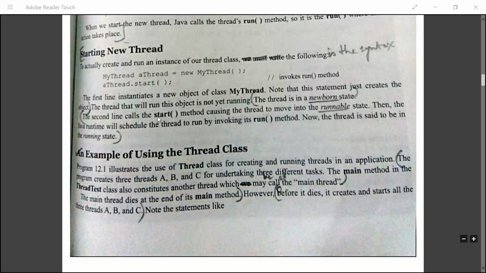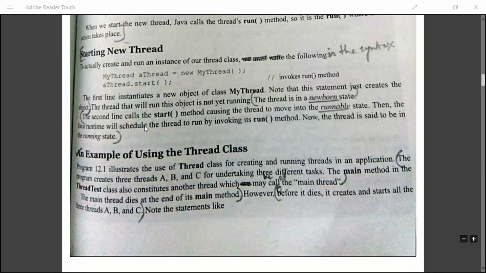So the second line calls the start method, causing the thread to move into the runnable state. So after instantiating the thread, you have to call the method. Which method? Start method, in order to make the thread work or run.